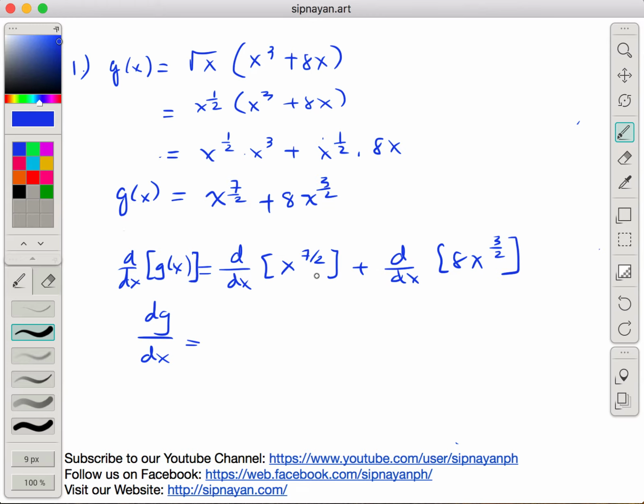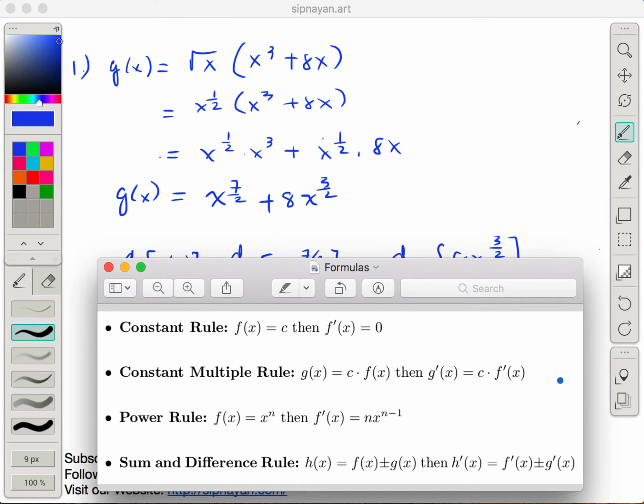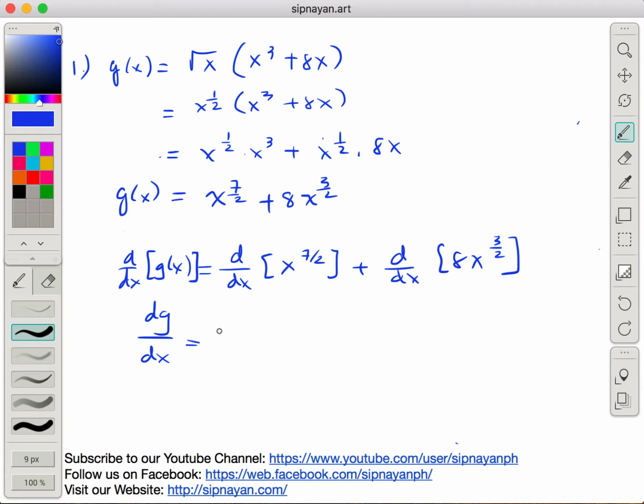So, ano ang derivative ng x to the 7 halves? Magiging, ibababa natin to with the power rule, no? Recall the power rule, pag x to the n, bababa natin yung n, and then we subtract 1 from n doon sa exponent, no? So, 7 halves, bababa. Yung n natin ay 7 halves, di ba? X to the 7 halves minus 1 plus, kanun din dito, meron akong constant.